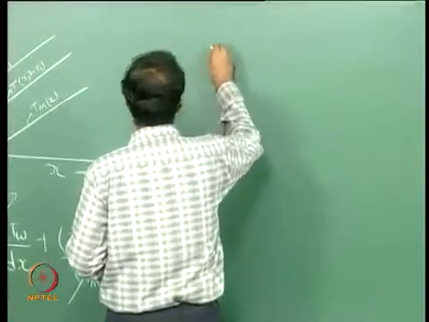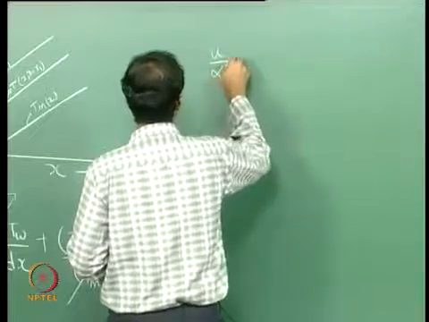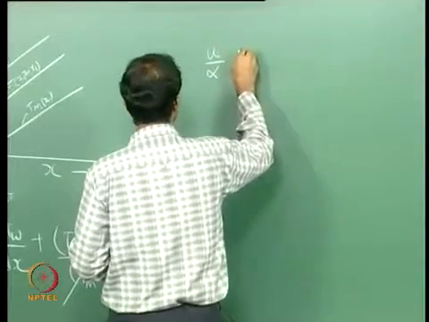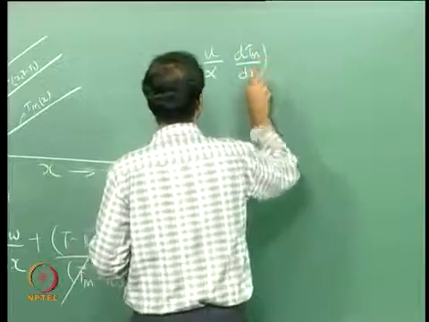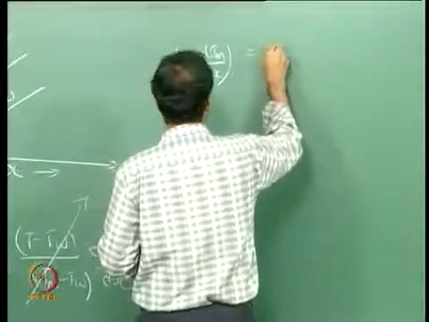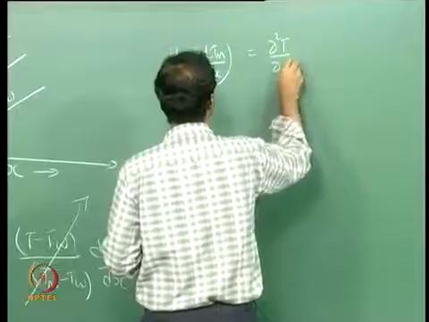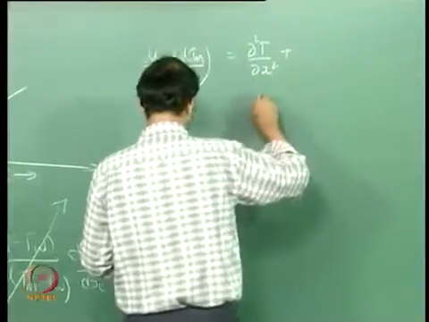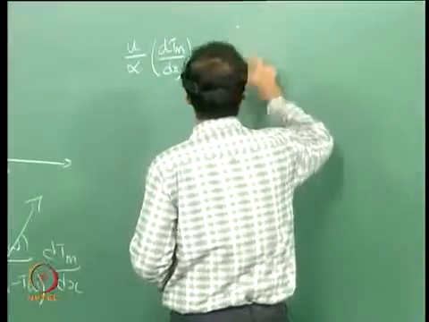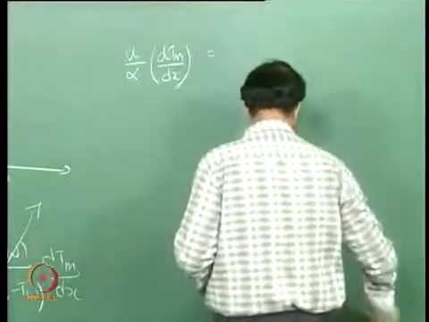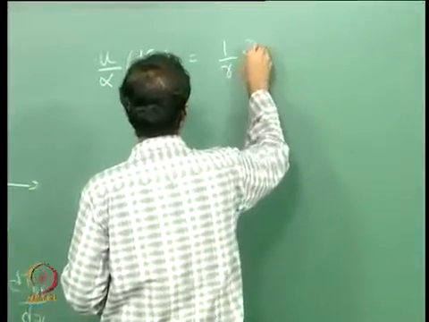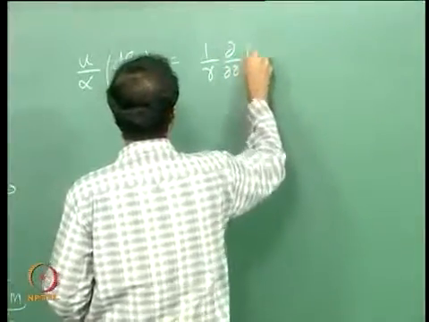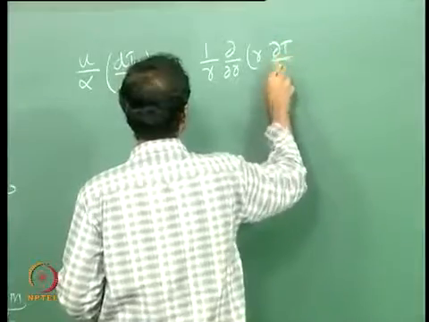So you have u by alpha, and the dT by dx can be replaced by dTm by dx, which is a constant, equal to the second derivative of T with respect to r plus, okay. We have neglected the axial conduction in comparison to the magnitude of the radial conduction, so we will retain only the radial conduction terms, (1 by r) d by dr of r dT by dr.